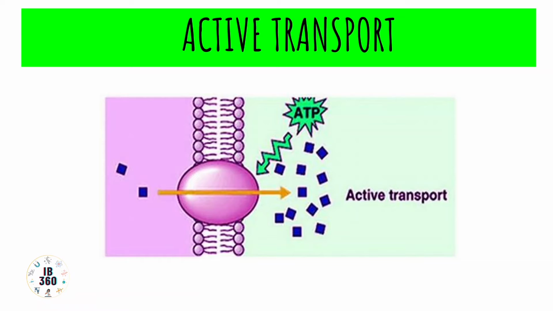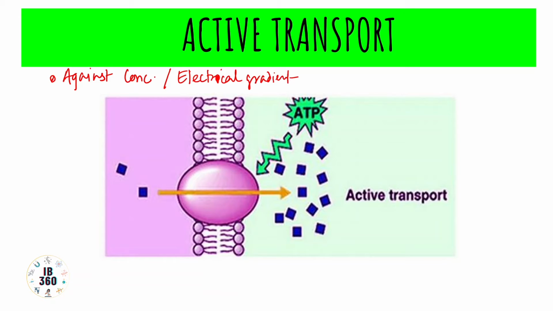Active transport is the movement of materials across the membrane where solute particles move against their chemical concentration or electrochemical gradient. So the movement is definitely against their concentration or electrical gradient.